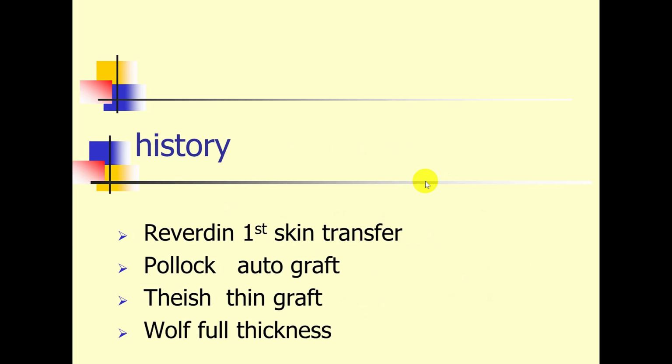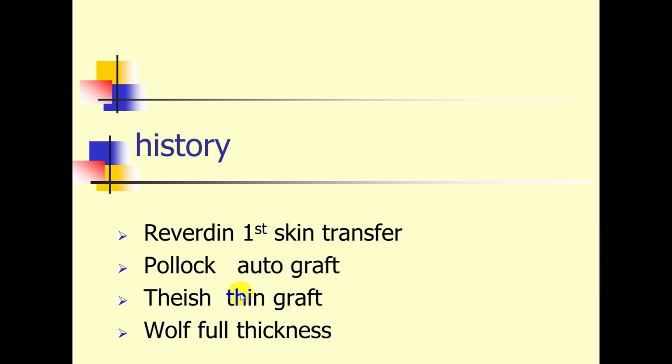We can consider the historical elements. The first skin graft was done by the surgeon Reverdin, and Pollock described and did the autograft from the same person from one place to another place, which is the more common type of skin graft.